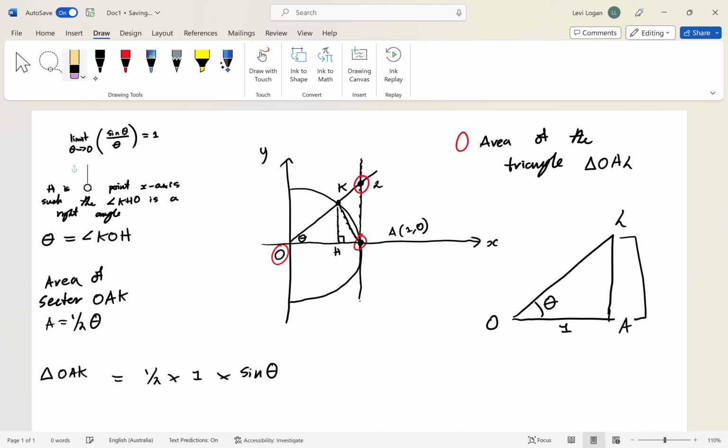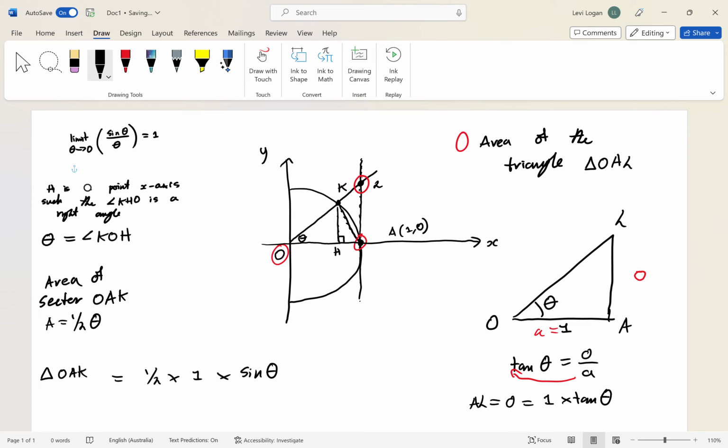Using trigonometry, we know that tan theta is equal to opposite over adjacent. So therefore, we want to find the opposite, okay? And we know that the adjacent is equal to 1. So if we move that up there, we'll have the opposite, which is the length of AL, is equal to 1 times tan theta.